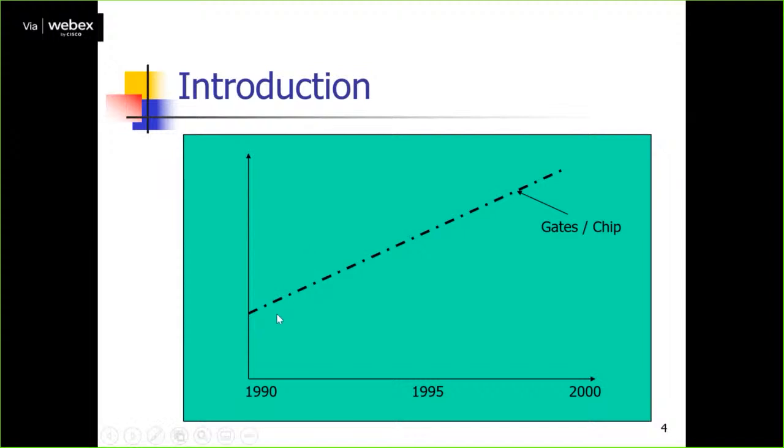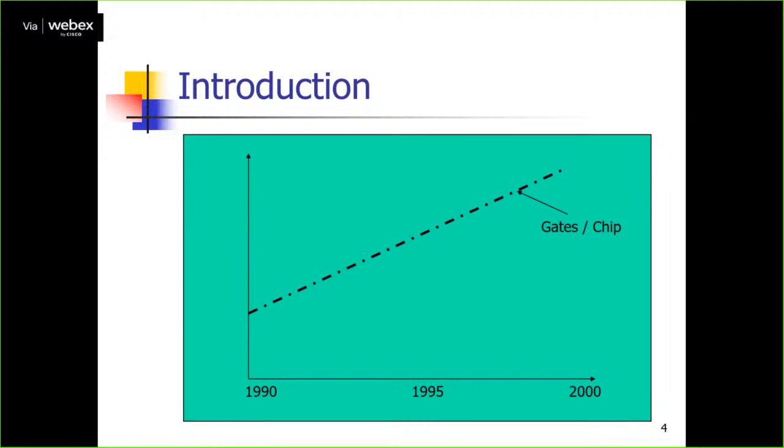So normally it is a linear appearance. In the 1990s, it was a very small number of gates and a small number of chips. Around 2000, it increased very linearly. From 2002 to 2005, we had a more compressed linear graph.